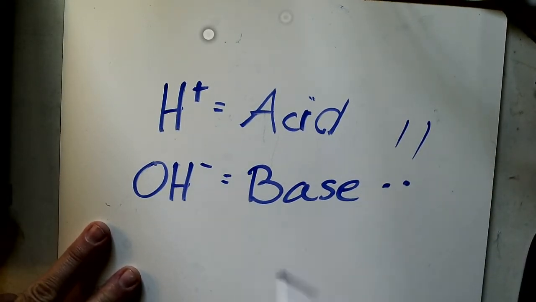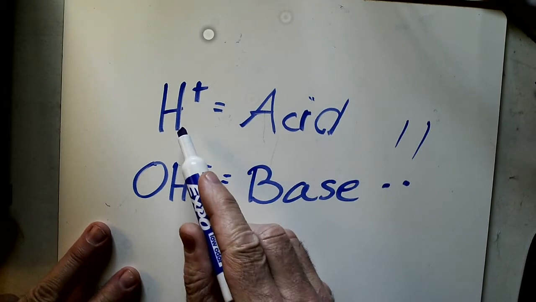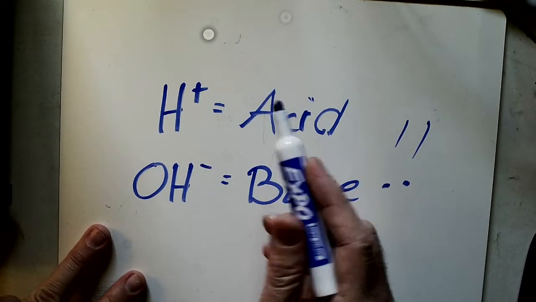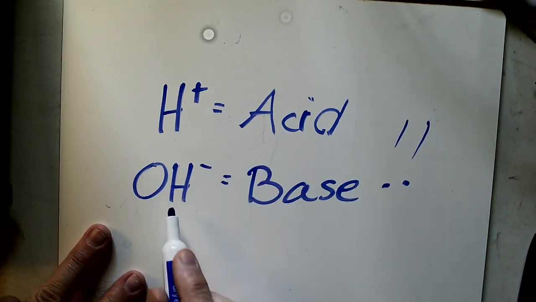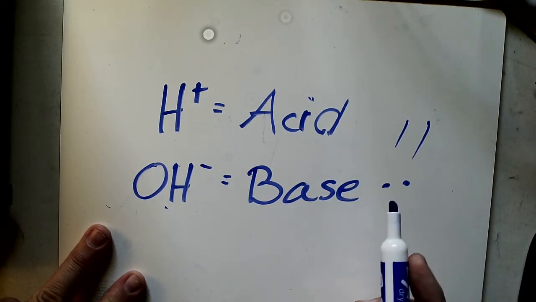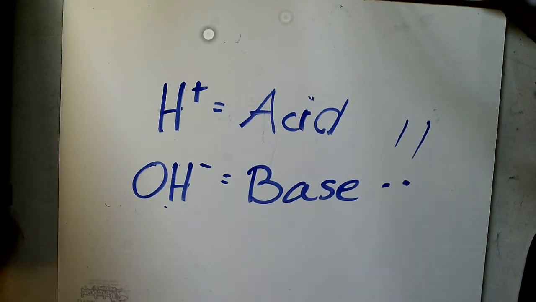And that's it. The more hydrogen ions you have dissolved in the water, the stronger the acid, or the lower the pH. The more hydroxide ions dissolved in water, the stronger the base, or the higher the pH. The closer it's going to be to 14.